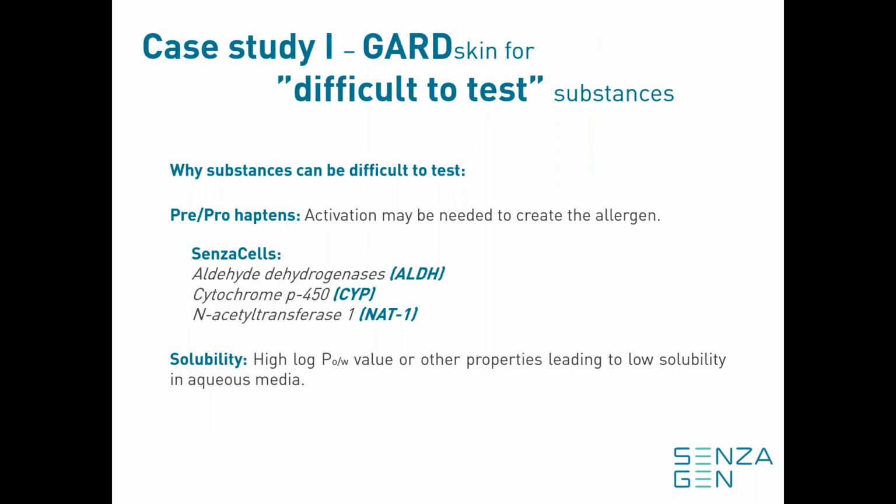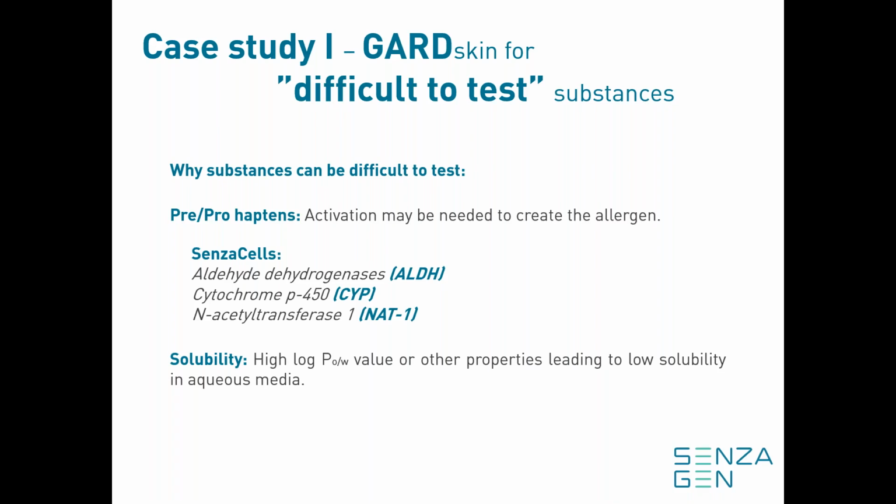I would like to start with the first case that describes the use of the GARD skin assay for testing difficult to test substances. The term difficult to test, of course, differs across different industries, but in general, it is used to describe substances that have traditionally been considered to be hard to test in vitro due to certain properties of the specific chemicals.